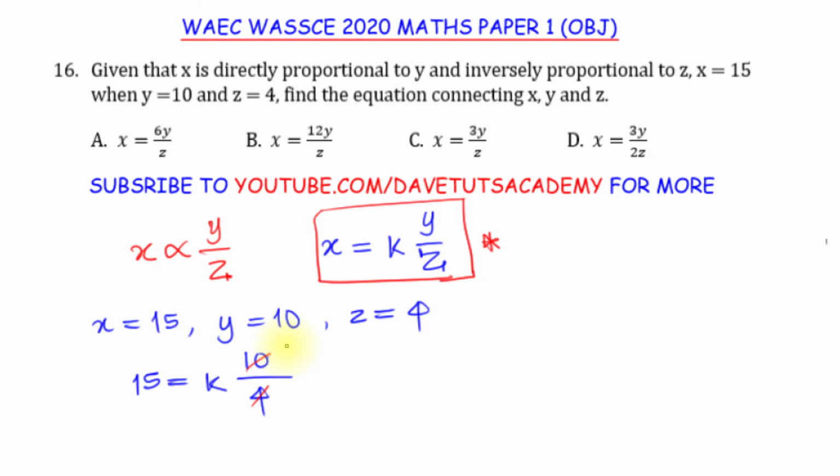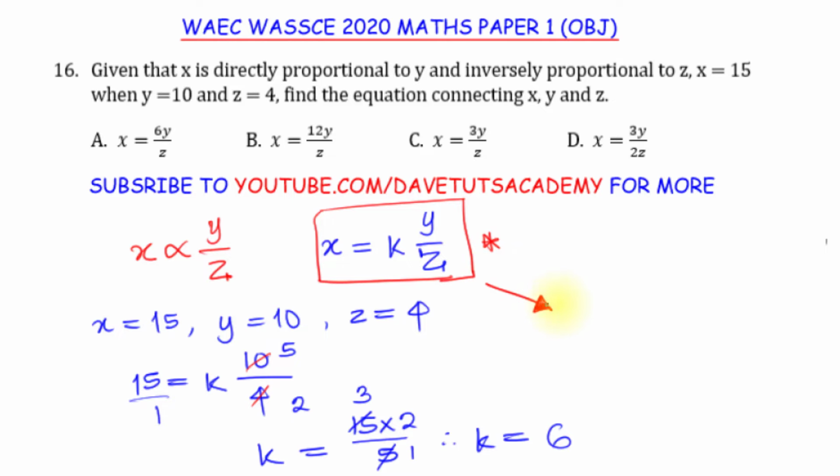We are going to have 5 over 2, and if we solve this, we cross multiply such that k will be 15 times 2 over 5. We can still use 5 to cut, so k is equal to 3 times 2, that is 6.